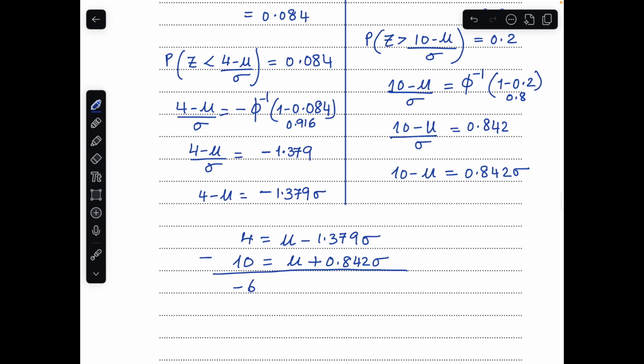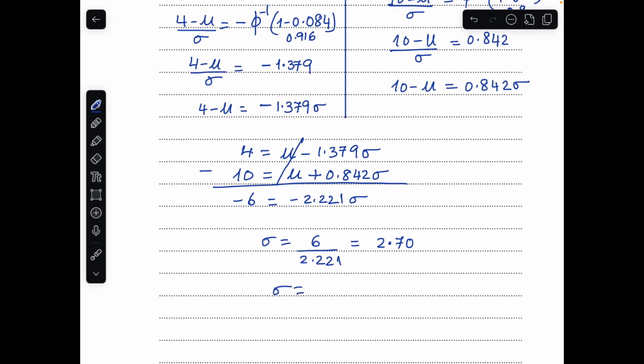That is going to give me minus 6. The mean gets cancelled, minus 2.221 sigma. Sigma is going to be 6 divided by 2.221, which is 2.70. So sigma is 2.70.